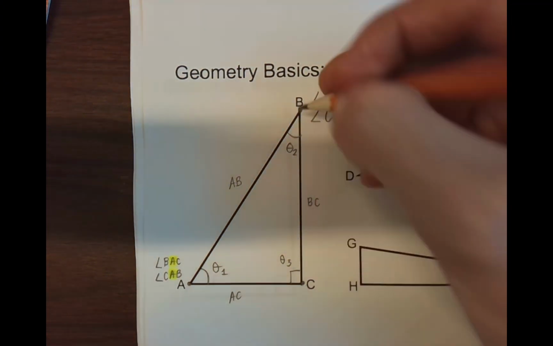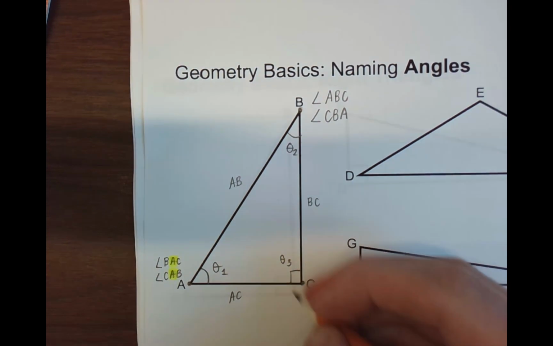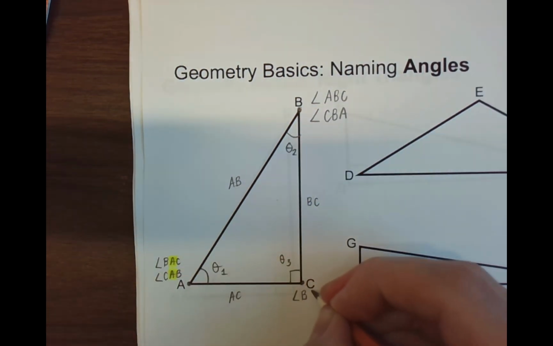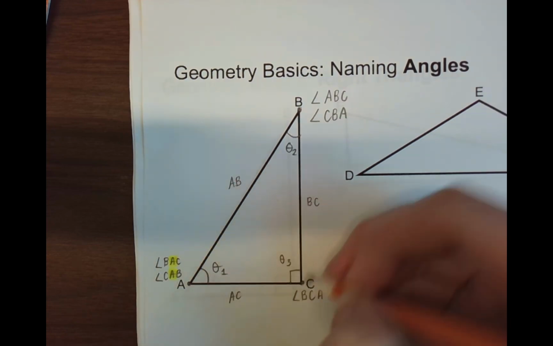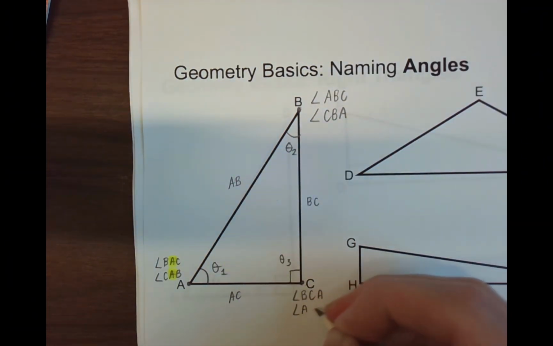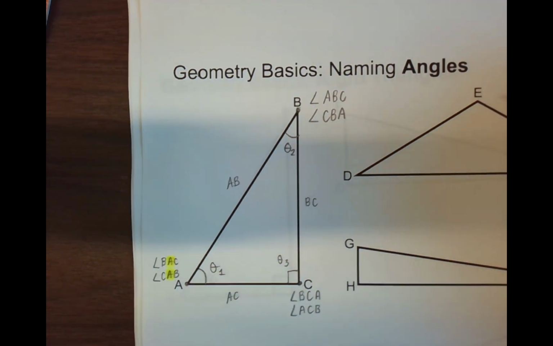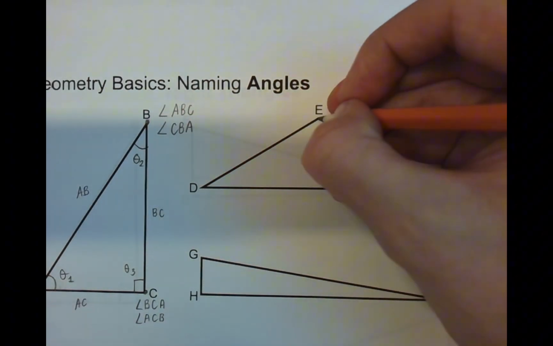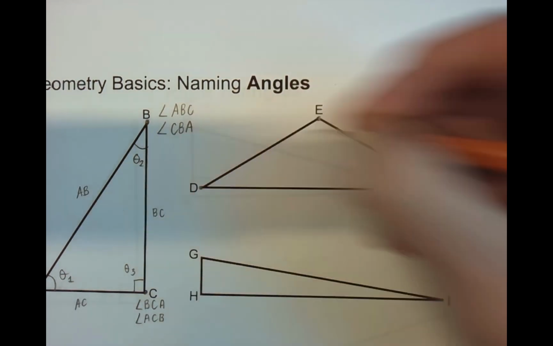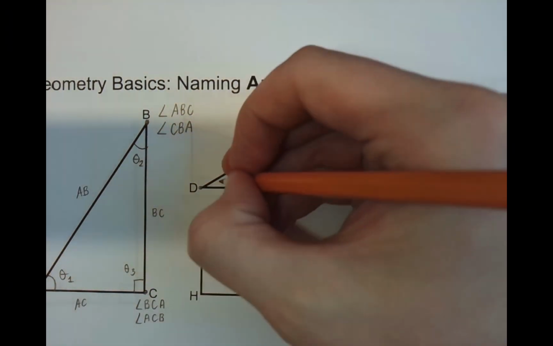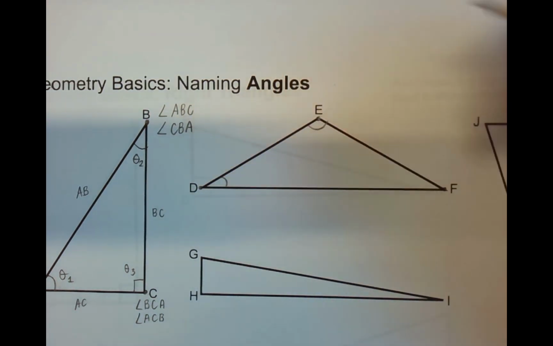This angle could be called angle BCA, or angle ACB. Any of these other ones is going to work exactly the same. Three different vertices, and there's an angle at every vertex.